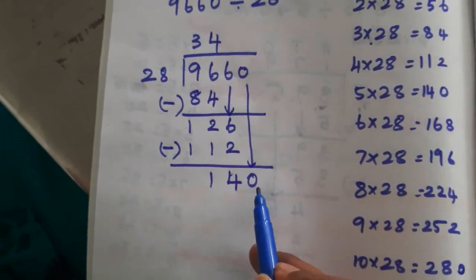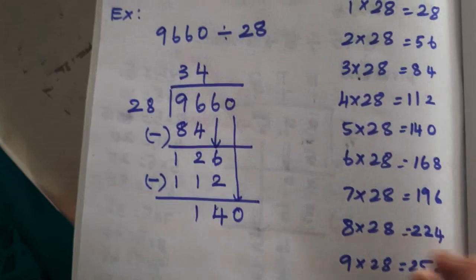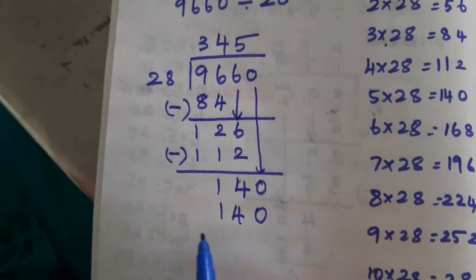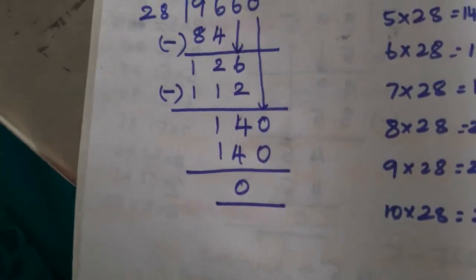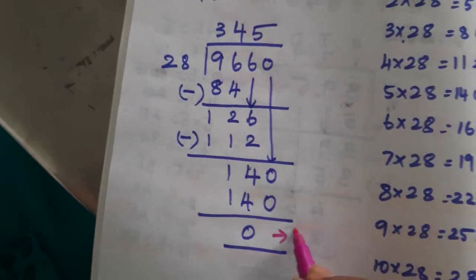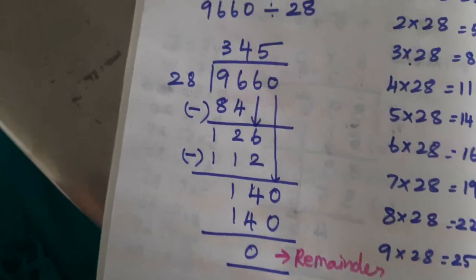Okay, 140. Is 140 in the table? Yes, it's 5 times 28. So write 5 times 28 is 140. So the answer is 0. So here the answer we got is 0 remainder. Okay, next one.